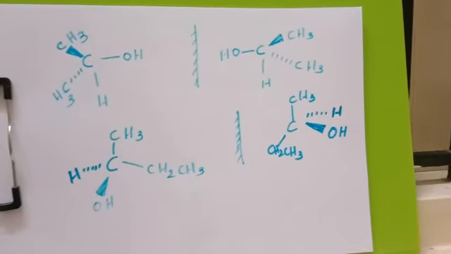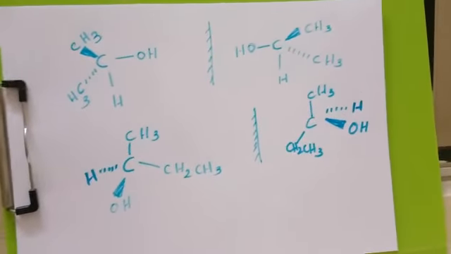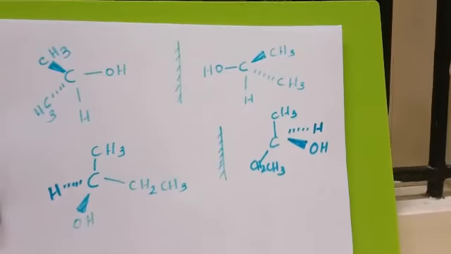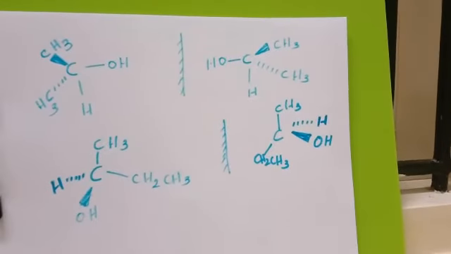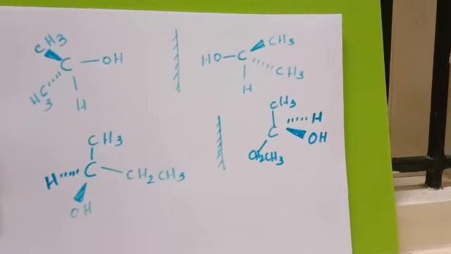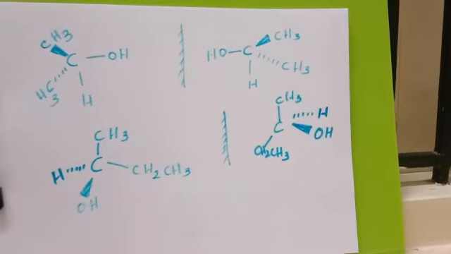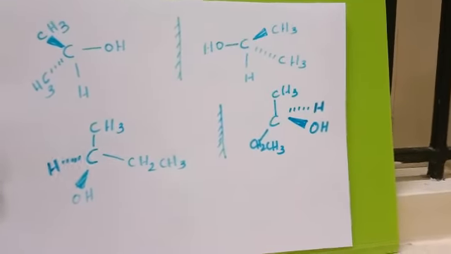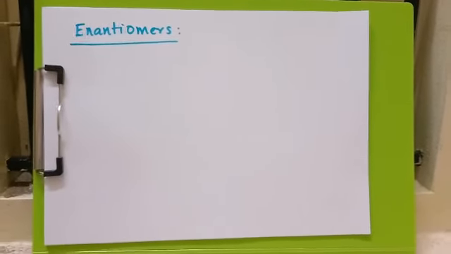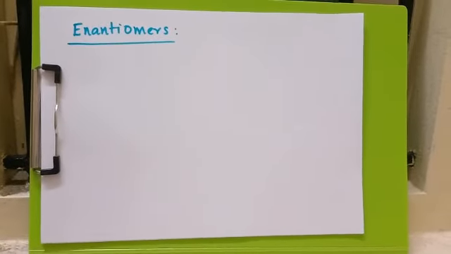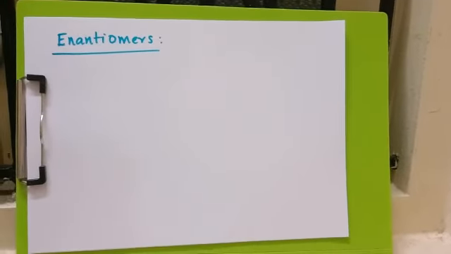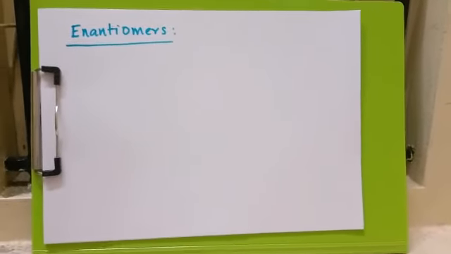Which concepts did we study? We studied asymmetric carbon atom, chiral and chirality, also achiral and achirality. Now we pass on to enantiomers. What are enantiomers? The optical isomers which are non-superimposable on their mirror images are called enantiomers, and the phenomenon is called enantiomerism.